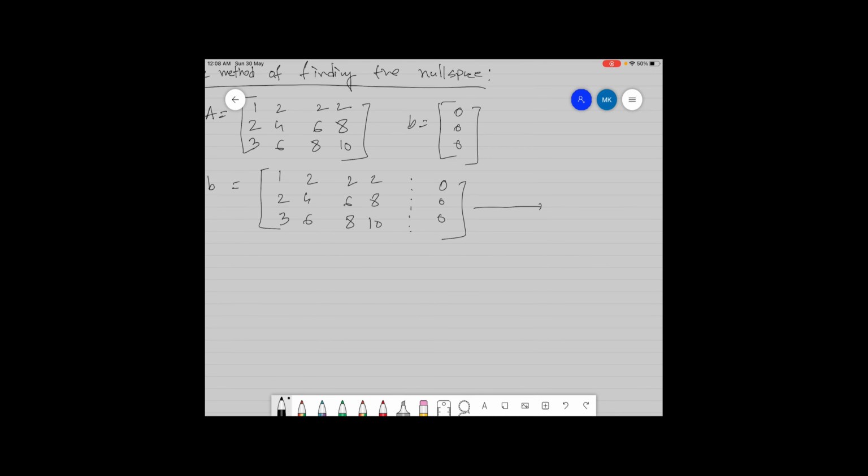What we can do is make this position and this position zeros. We can do it by multiplying the first row by 2 and then subtracting it from the second row, and in case of R3, we can subtract 3 multiplied by the first row from the third row.